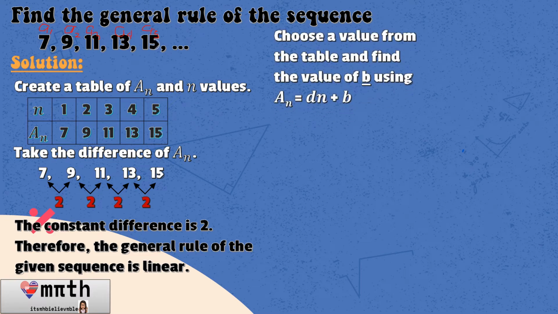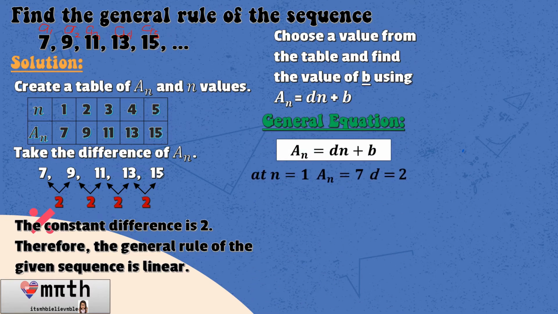In this case, we're going to choose a value from the table and find the value of b using a sub n is equal to d multiplied by n plus b, since the given sequence is linear. If we choose n equal to 1, it will have a term which is a sub 1 that is equal to 7.